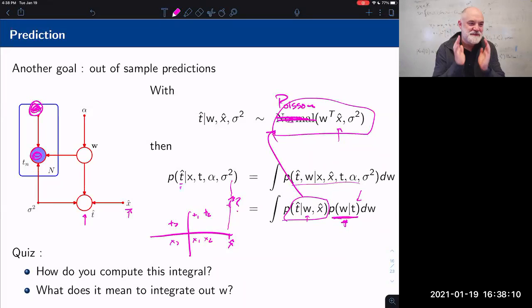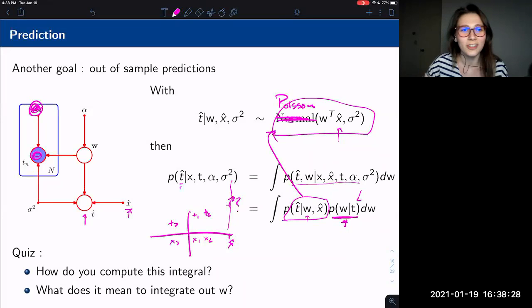Estimate with Monte Carlo. Okay. Estimate. What does estimate mean, Ina? Well, I guess it's more like sample. You sample and then you do the integral, but it's not really an integral.